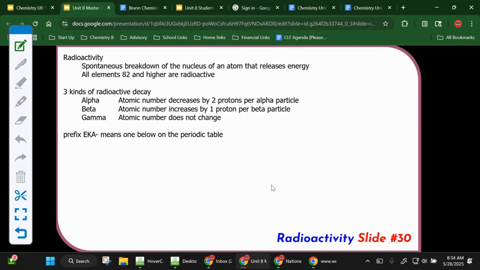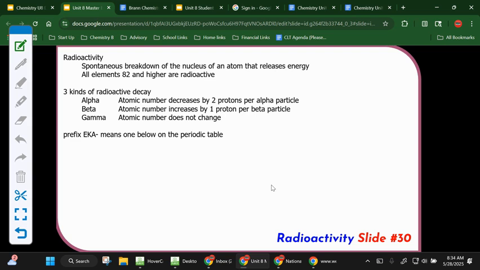Which atom? It has an atomic number of 2. Helium. So what really happens is a helium atom leaves your atom.